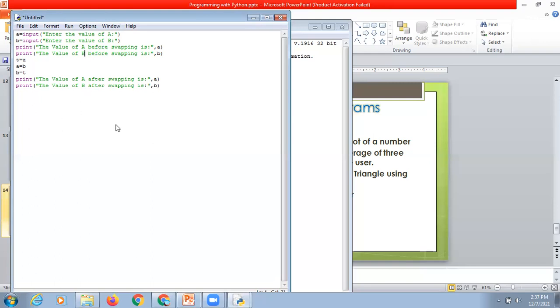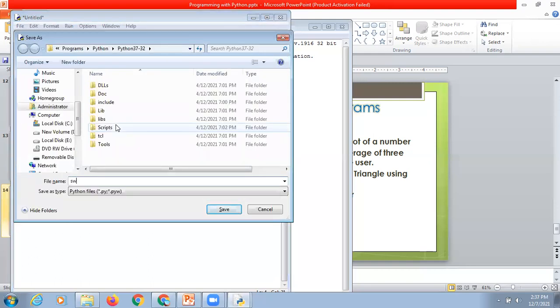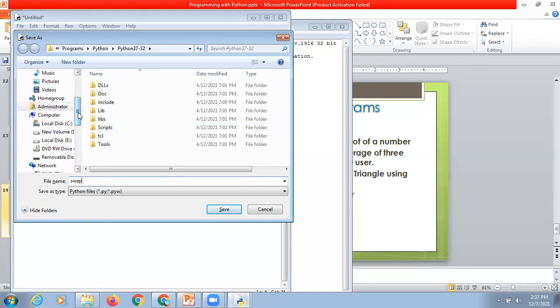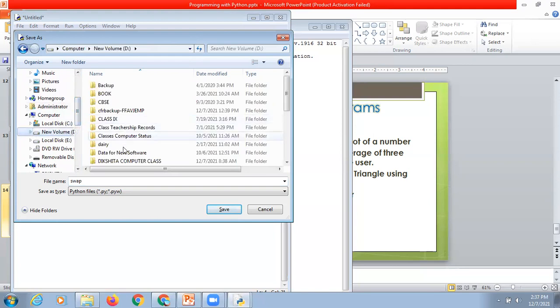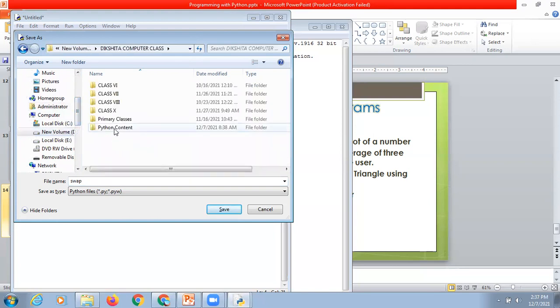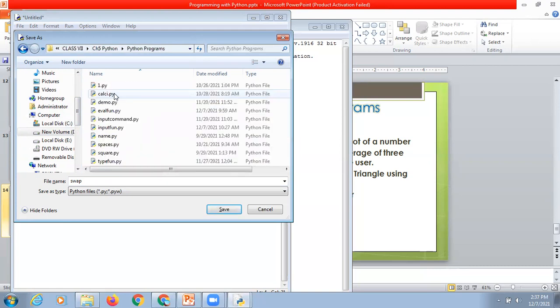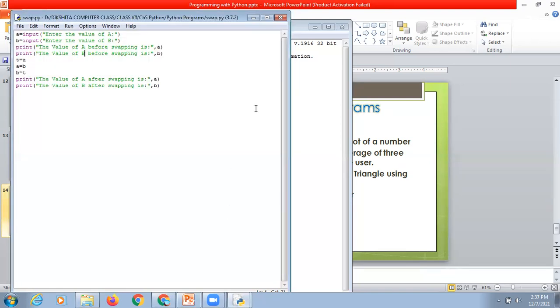Now let's save it. Swap. Now let's run it.